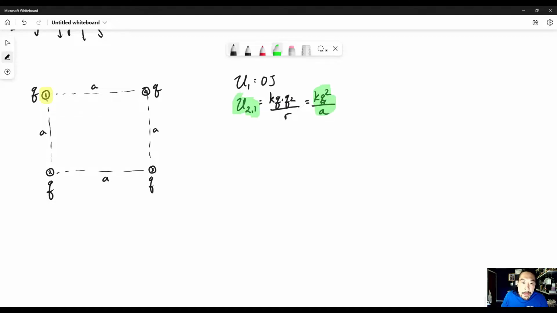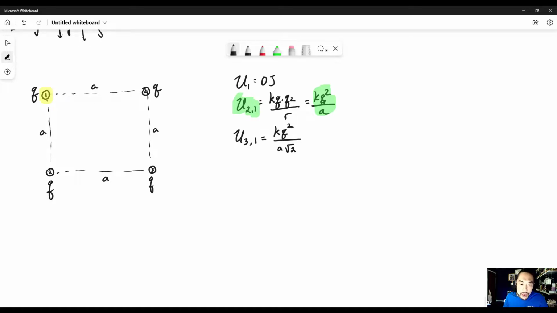All right. Now let's move charge 3 against charge 1. If we're moving charge 3 against charge 1, remember that charge 3 is a distance of A root 2 away, and so our formula becomes KQ squared, remember, they have the same charges, all divided by A root 2.